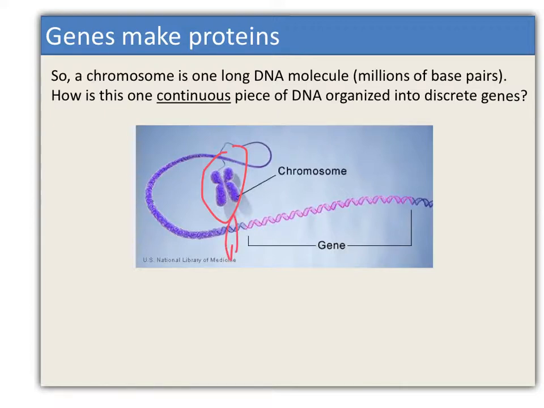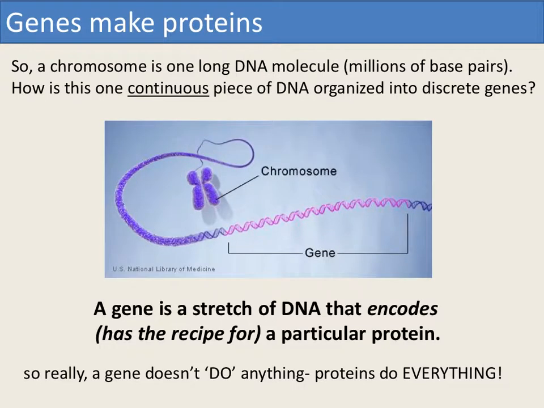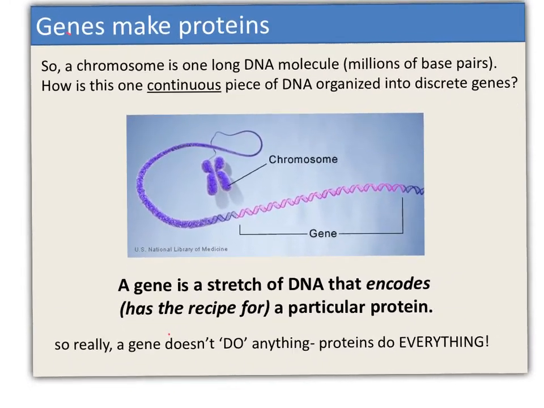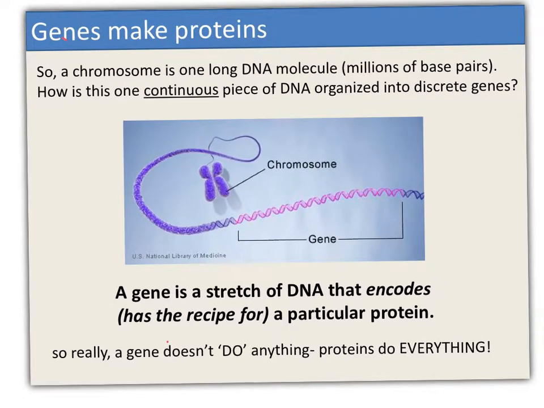Here's the gene you want to duplicate. And then genes make proteins. That is, a gene is a stretch of DNA that is translated into a protein. Now, a gene really doesn't do anything per se. All it does is it is used as a template for making the protein that you want.